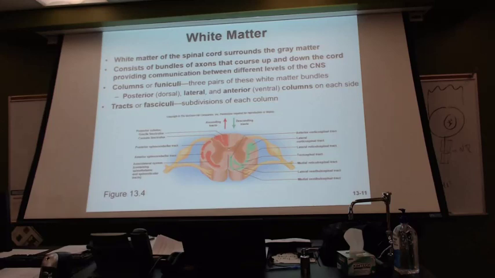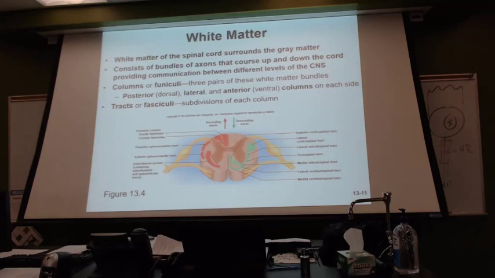Because where were the nerve cell bodies? In the gray matter. So this white matter is my bundles of axons, because their nerve cell body is going to be in the gray matter, going up and down. So that axon is embedded in the white. Does that make sense?